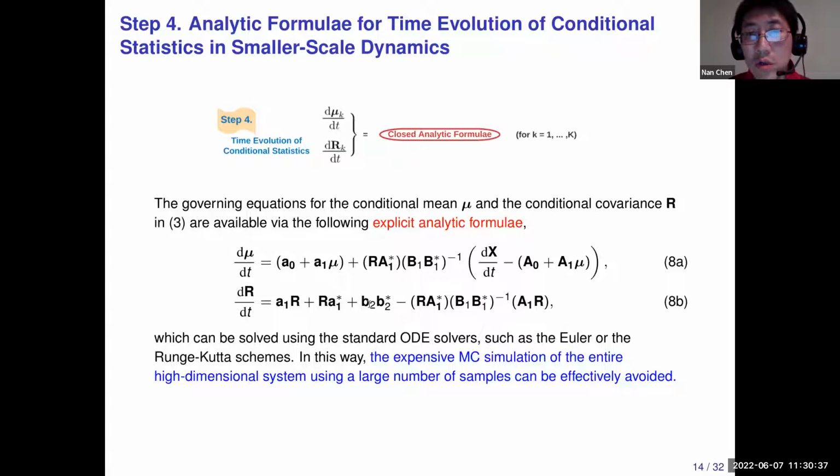So once you know the original conditional Gaussian system, you can write down the closed analytical formula of these moments. Everything should be known, although these terms can be pretty complicated. So at least this system can be solved using standard ODE solvers, Euler or Runge-Kutta schemes. We can avoid using Monte Carlo simulation to solve the conditional mean and conditional covariance, which saves a lot in terms of computational cost.